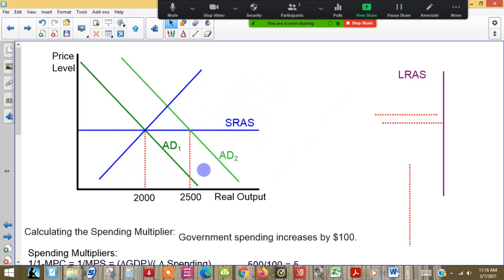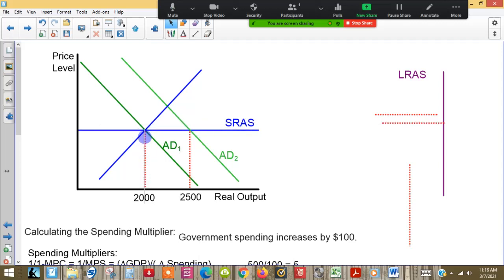And it's obvious here that no, it wouldn't, because this shift is the same, right? This from here to here is representing that $100 increase in government spending. So the shift in the aggregate demand hasn't changed.